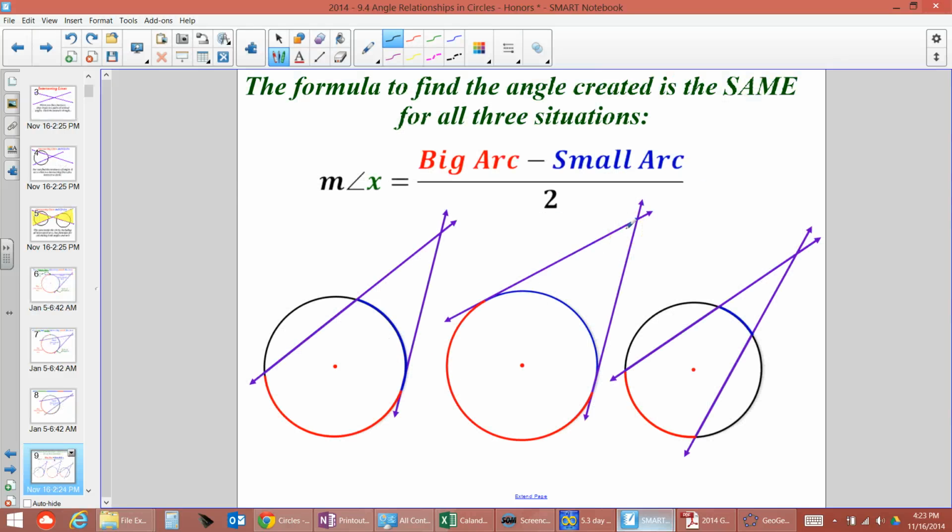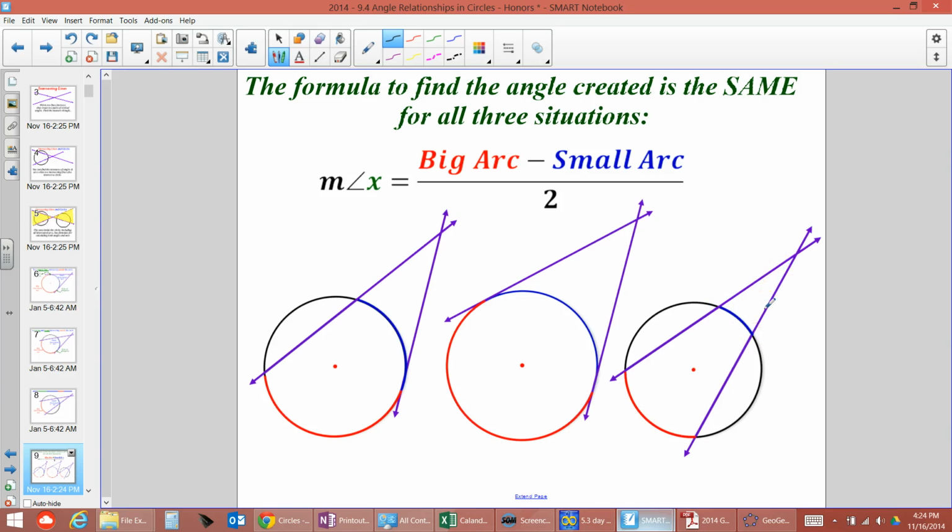All right, so the formula for an angle outside of the circle, that's how I would refer to it, as the outside, is you always take the big arc, subtract the small arc, and divide by 2. So here, big arc minus small arc, divide by 2. That gives me my angle. Same, big arc, small arc, divide by 2 gives me the angle.